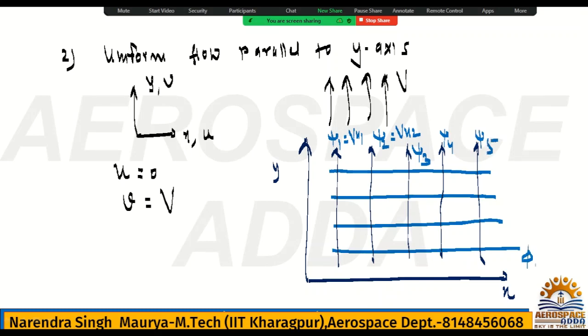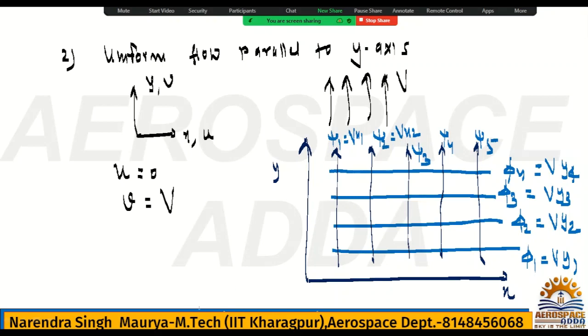Here you can write phi 1 is equal to V y1, phi 2 is equal to V y2, phi 3 is equal to V y3, and phi 4 is equal to V y4. Okay, it's very simple. So this is the flow pattern. This is called flow pattern. Okay, how will you get this?